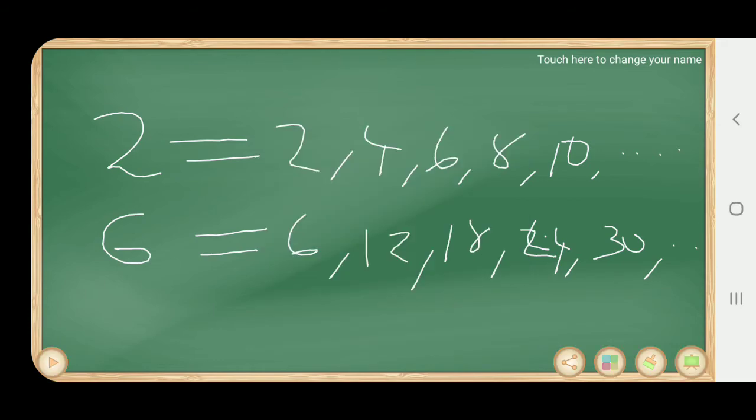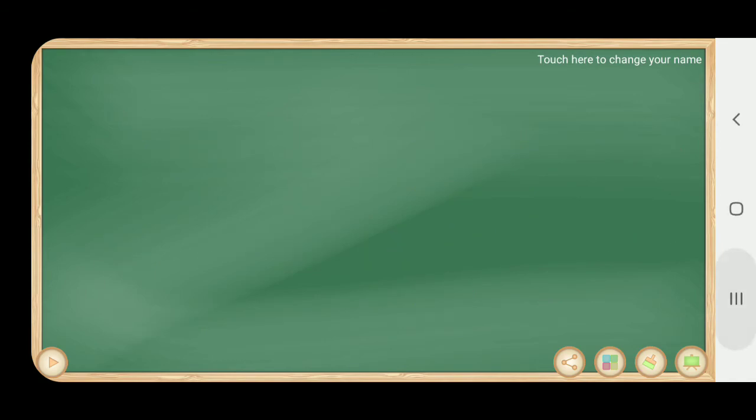Least means smallest. So the least common multiple is 6. So LCM of 2 and 6 is equal to 6. I think you can understand. HCF is highest common factor. LCM is least common multiple. From that word itself you can easily understand what it is.